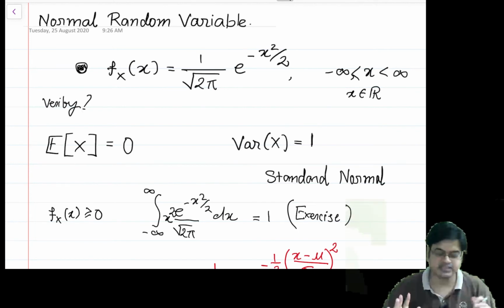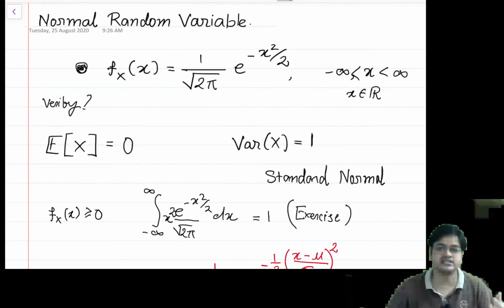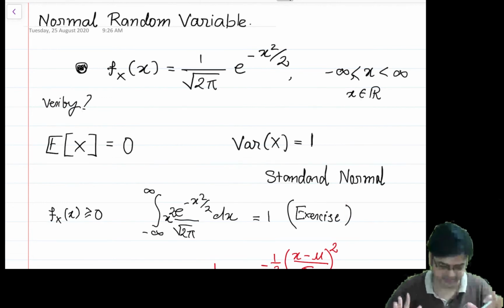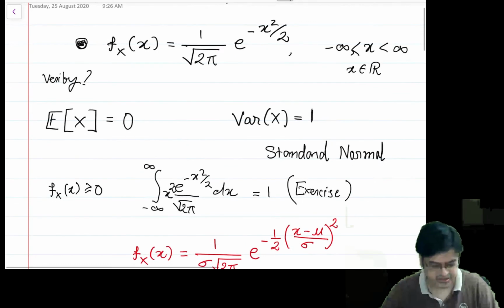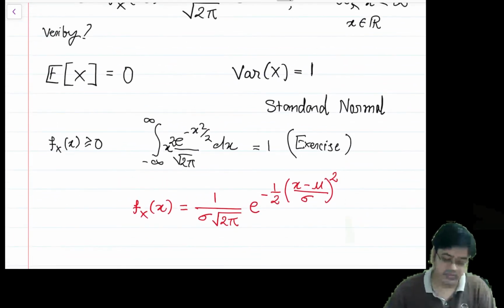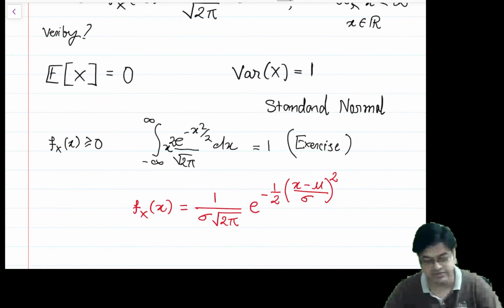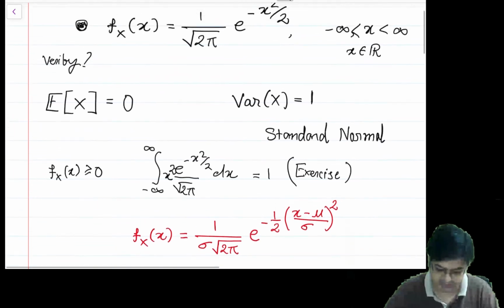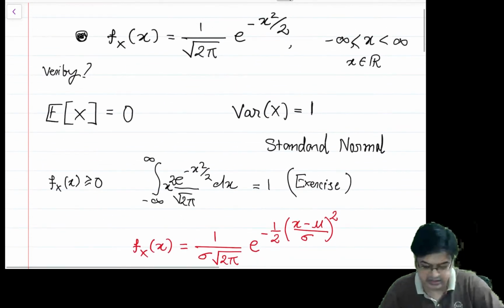So the next question that will come to your mind is, what is then a non-standard normal random variable, right? To answer that, I have written this density, and I bet you can derive this density using the standard normal distribution. For example, let us look at this term.